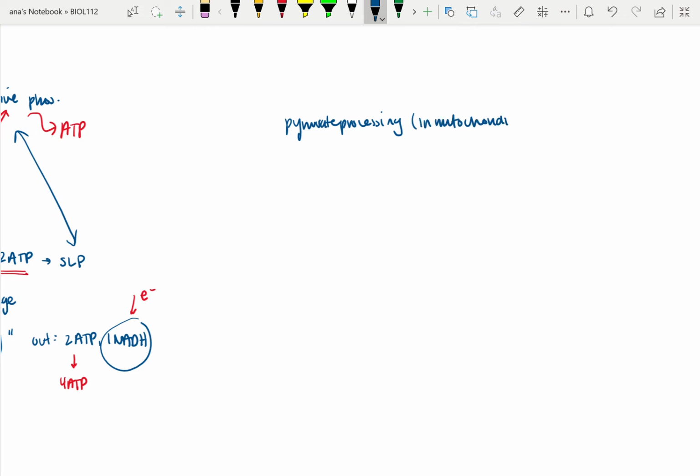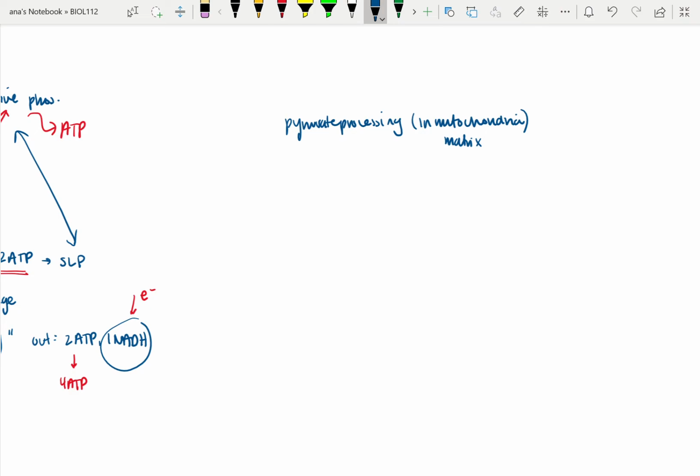There's a transporter that carries pyruvate across the mitochondrial membrane, and so now we are inside the mitochondria, and the job is basically to prep pyruvate. So now we're in the mitochondrial matrix. The main idea is really just prepping pyruvate for the TCA cycle.